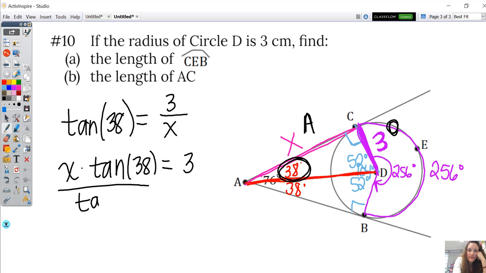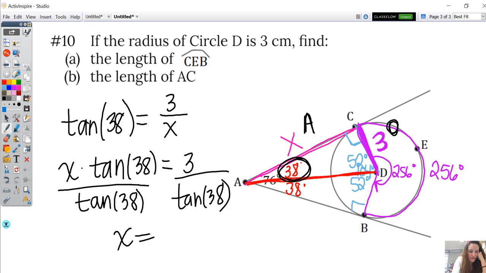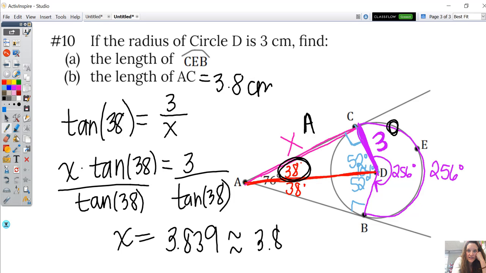And when you divide off the tangent of 38 on both sides, you'll get 3.839. So rounded to the nearest tenth is 3.8. And again, it's a length, so it is in centimeters.